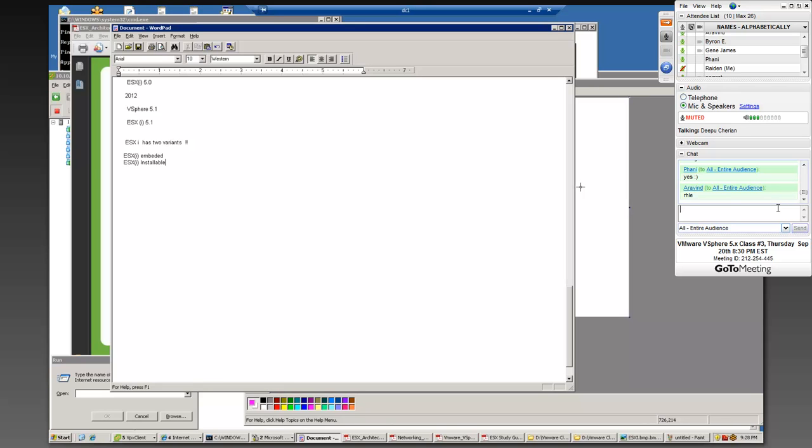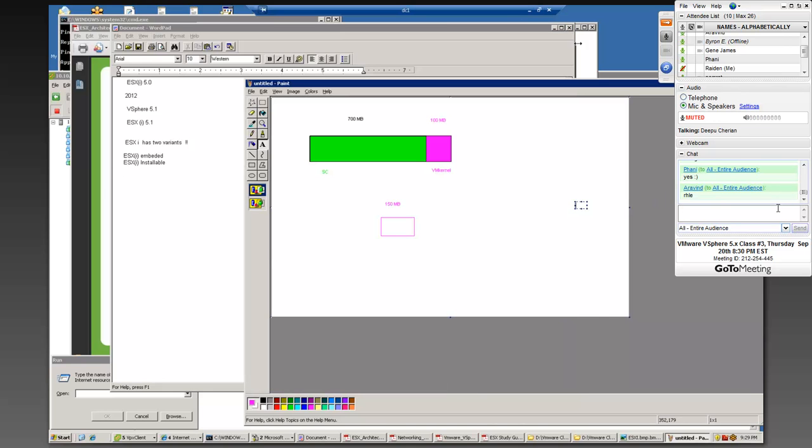In our office there are ESX servers that we boot from SAN. You don't need a hard disk at all. I will talk about those things later. But if somebody asks you, you need to know what is ESXi embedded and what is installable. Embedded is something that comes in a thumb drive, and the installable is the normal installation. But in either case, it is only 150 MB in size.